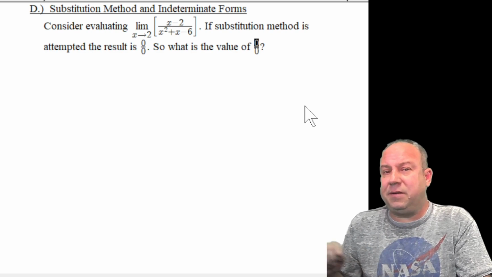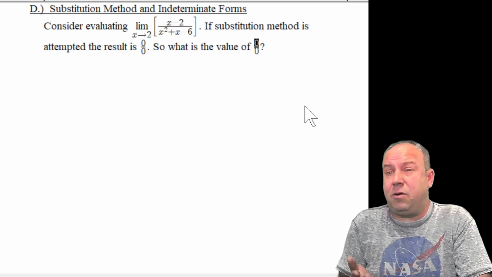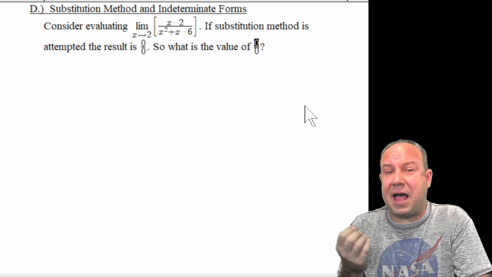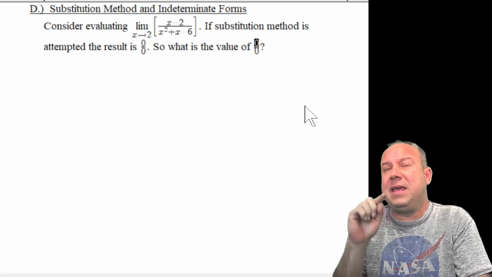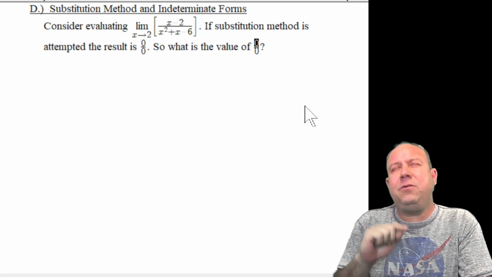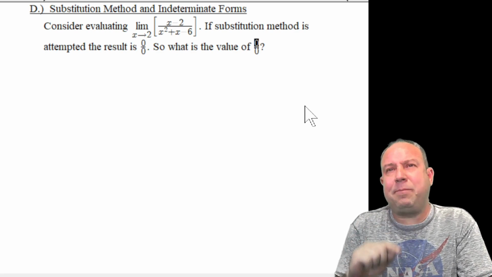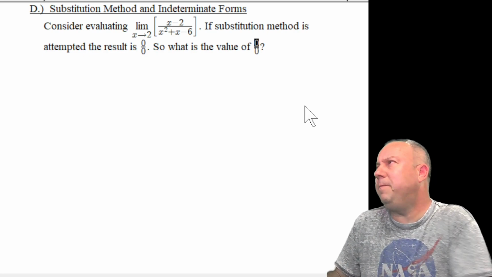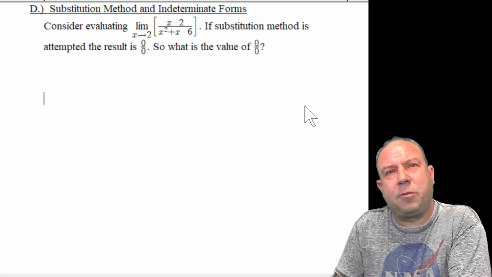It could be undefined, but I don't know. It could be any real number, I don't know. It's what's called an indeterminate form. The value that it represents cannot be determined from the form. All right? That's what we refer to as indeterminate forms.